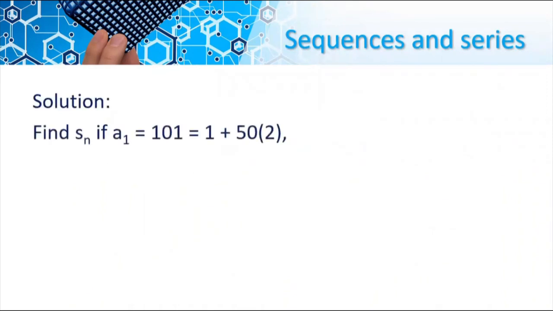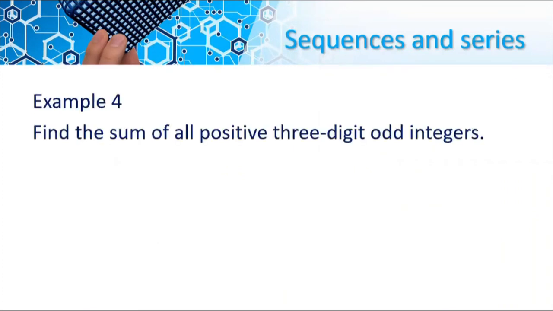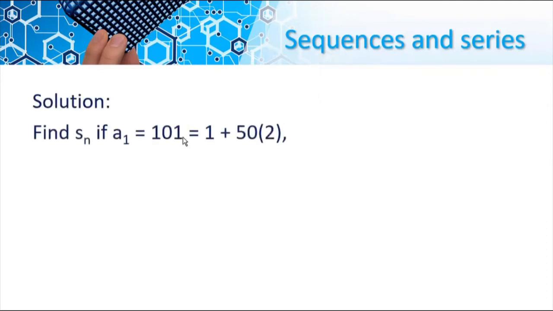Okay, for the solution, syempre pag kinuha natin ang tinatanong doon yung series, no? Kasi find the sum eh. So, series na yan. So, find the series or S of n if the first term is 101, and that is the same with 1 plus 50 times 2. 101 din yan, di ba?